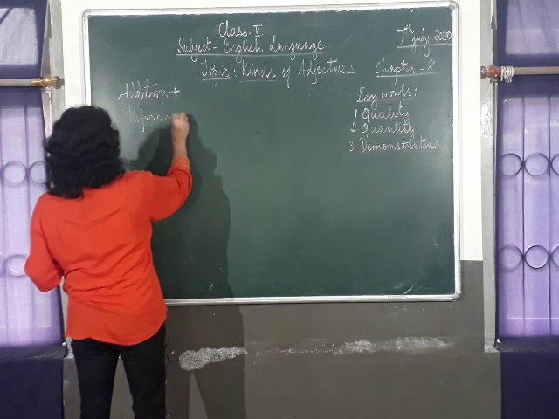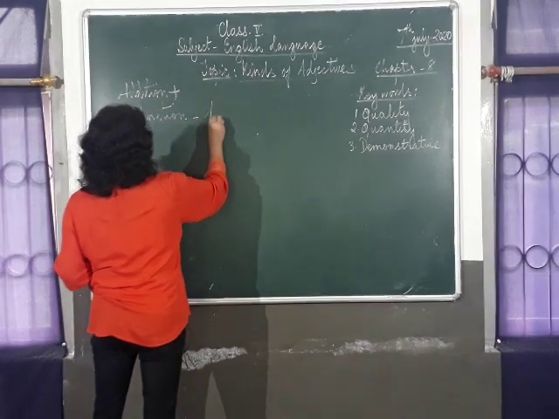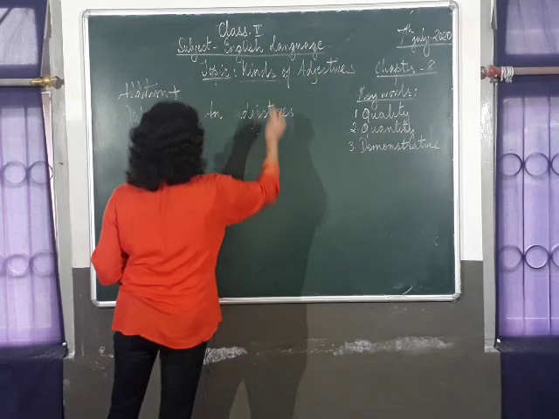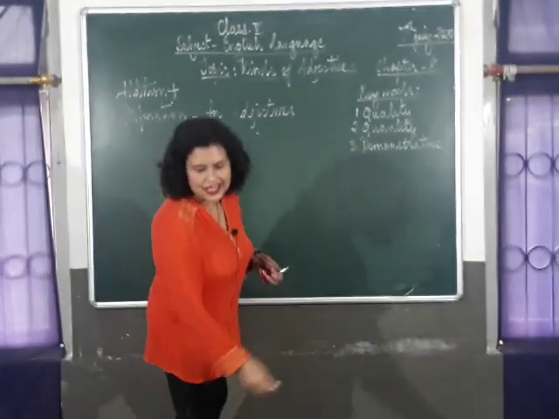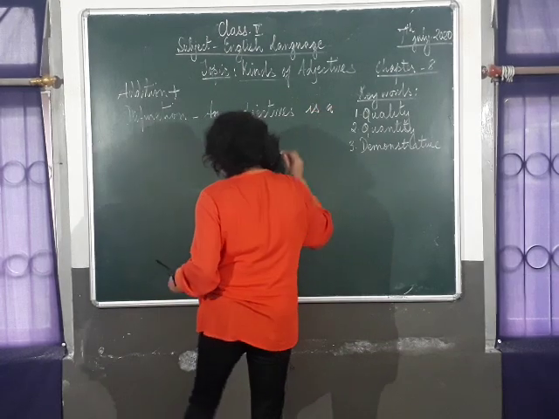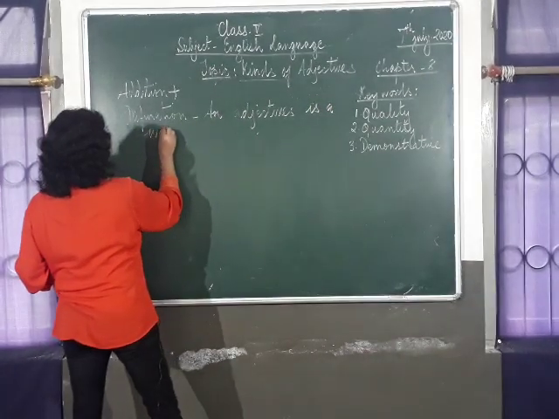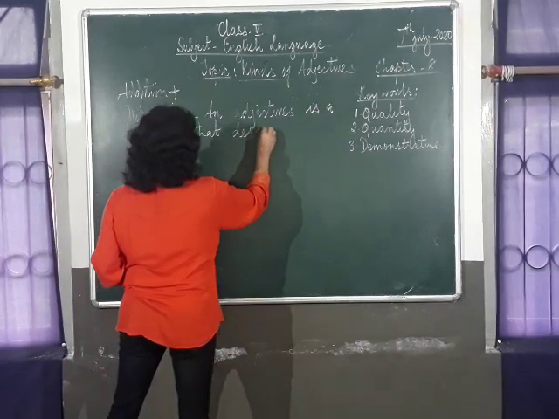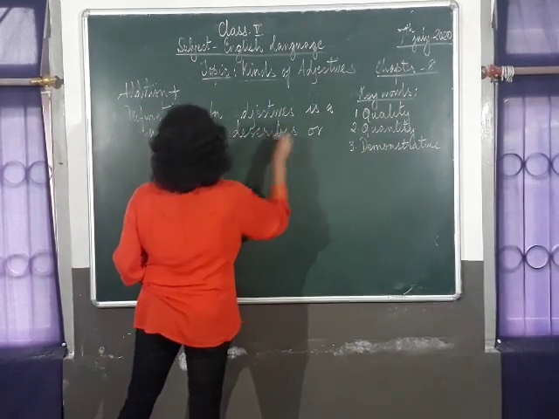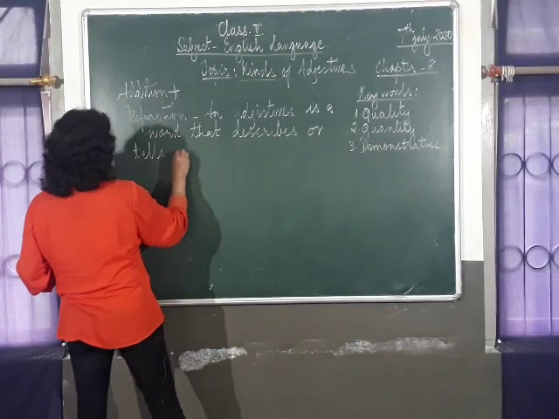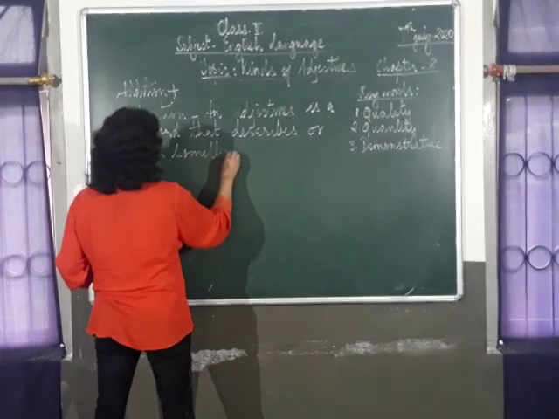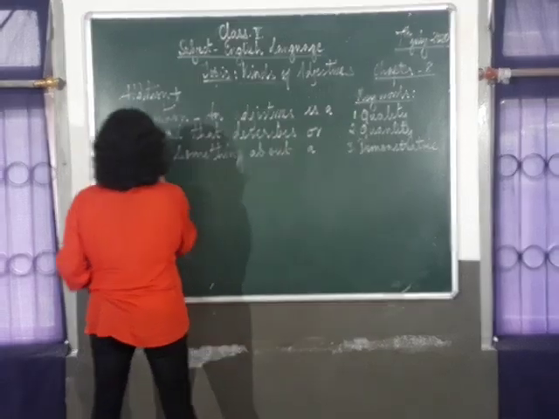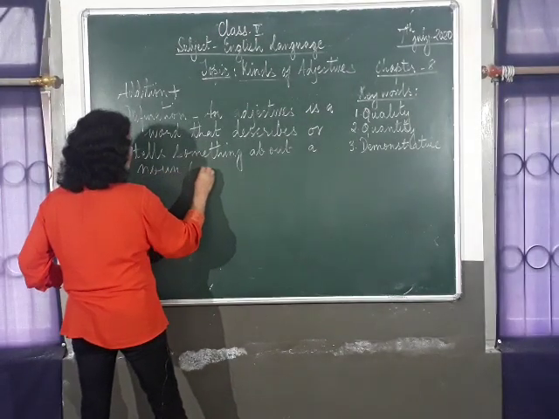Definition: An adjective is a word that describes or tells something about a noun or pronoun.